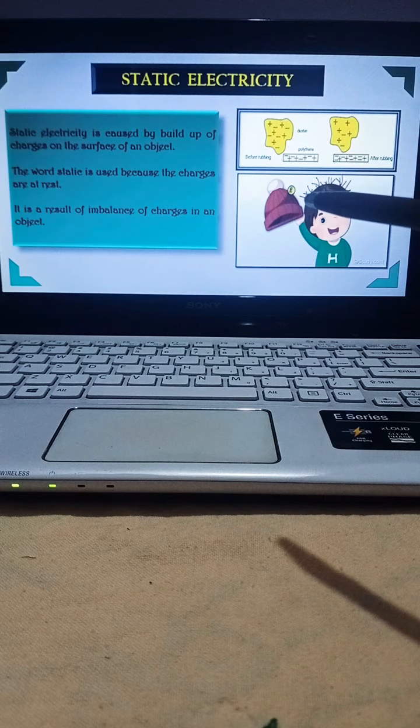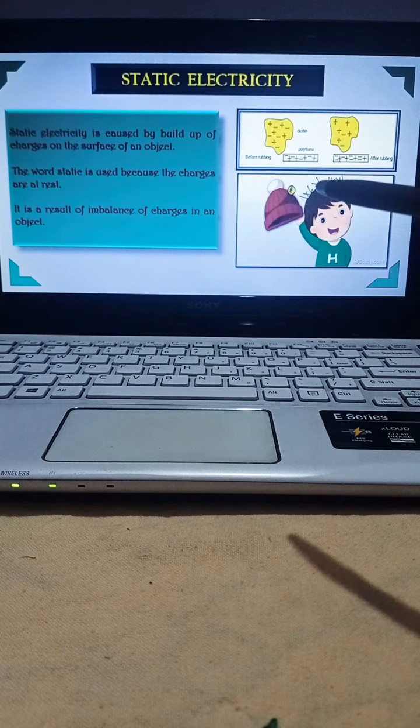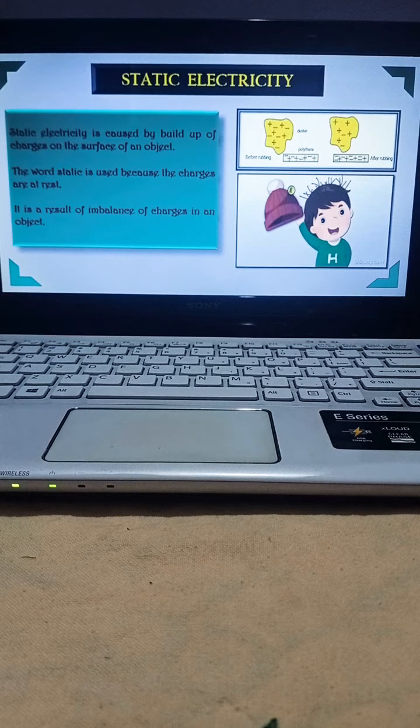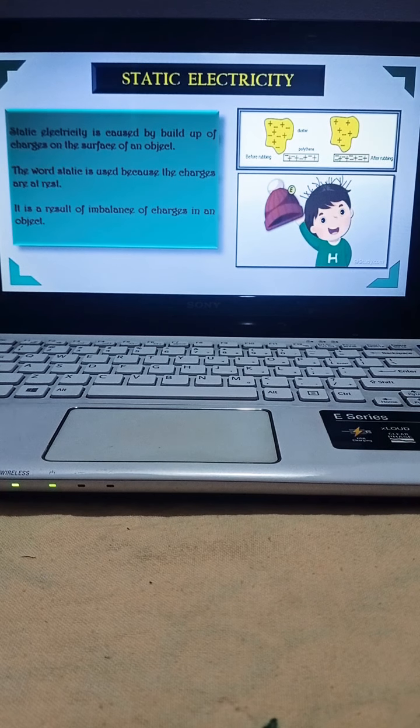This is due to the charges on the surface of our hair because of the charged air particles present. Thus we can say that static electricity is charges at rest.